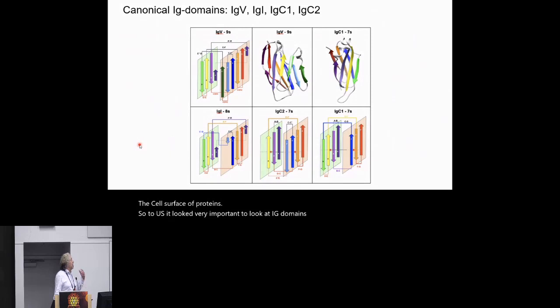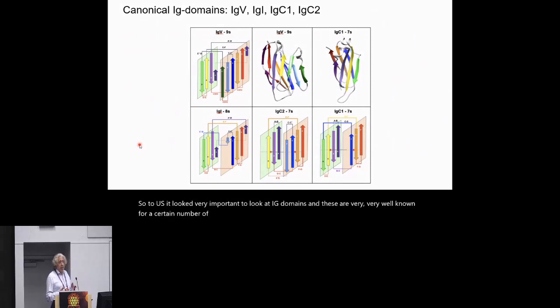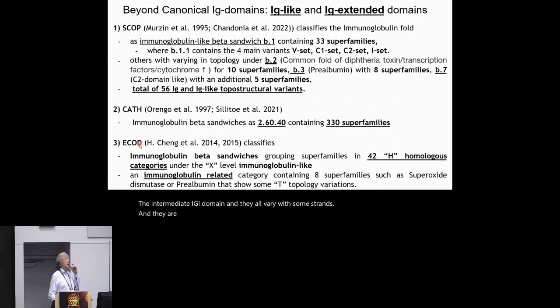And these are very well known for a certain number of them. The variable domain, the constant domain, C1 and C2, the intermediate IgI domain, and they all vary with some strands. And there are actually much more than just these 4 types of variants. If you take SCOP, many of you know SCOP or CATH or ECOD.